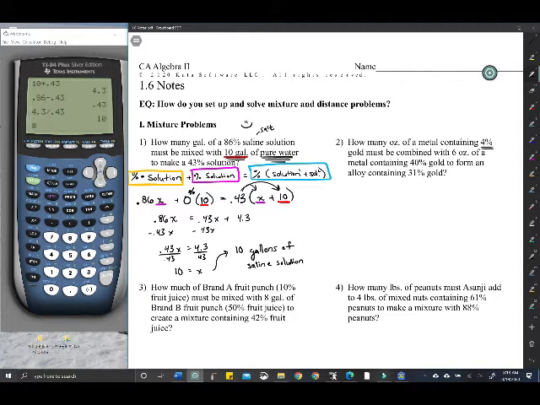So 4% is 0.04, and I don't know this quantity, so I'm going to let it be x. 6 ounces of 40% gold. Now 40% is 0.4, and this quantity I know is 6 ounces. And we're creating a 31%.